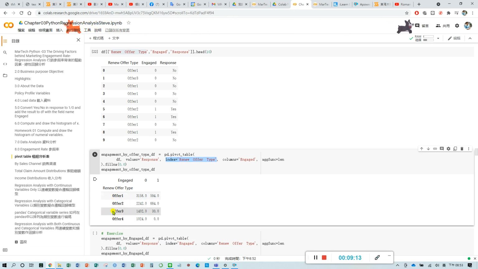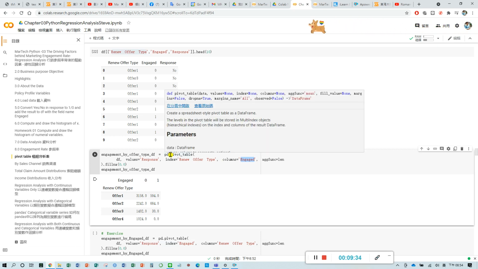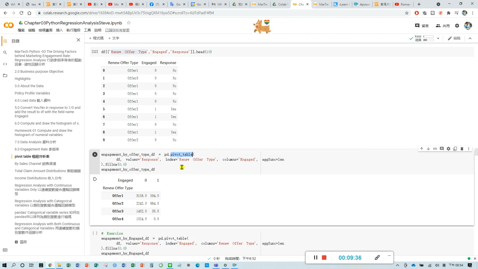So that is for the index. So what is the column name? For the column name, we use engaged. So how many types for the engaged? Only 2 types, right? 1 and 0. So you know what the pivot table means. So we have to do the cross relation with these 3 variables.